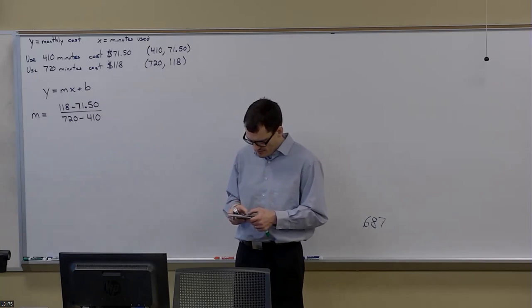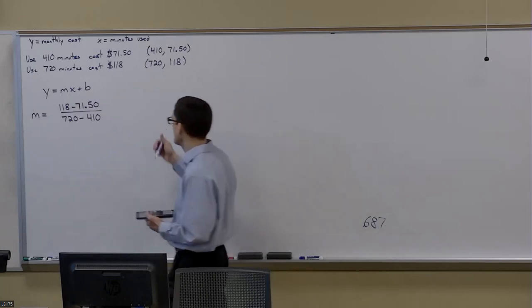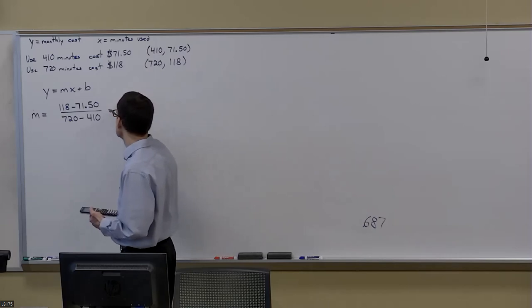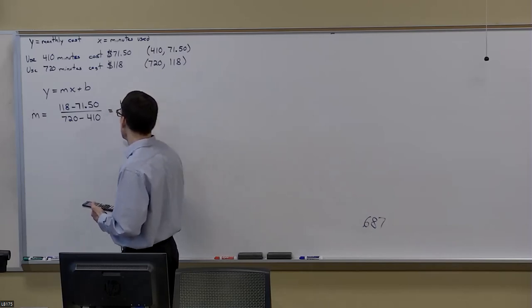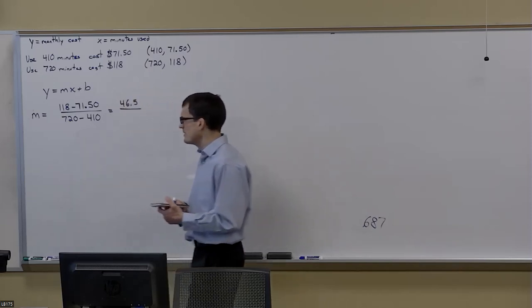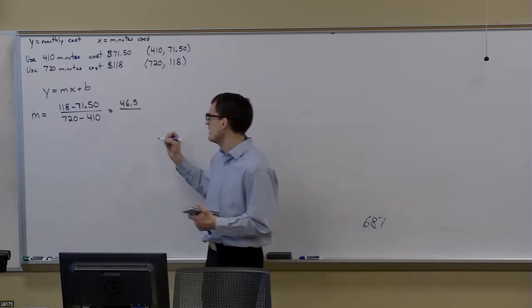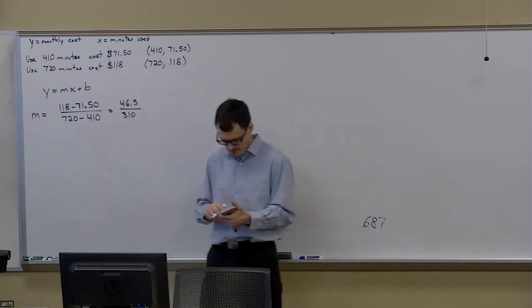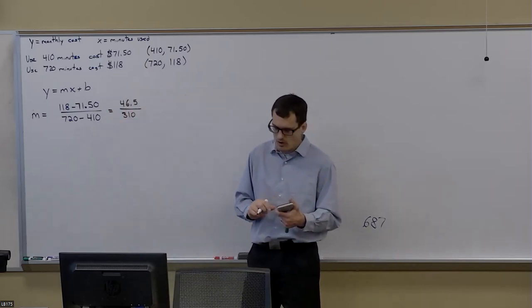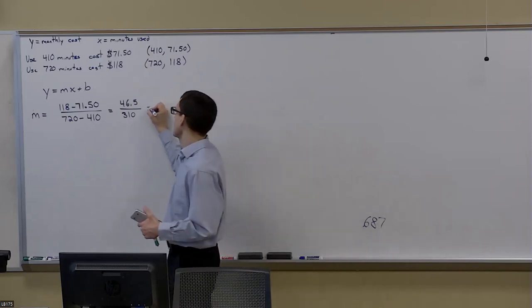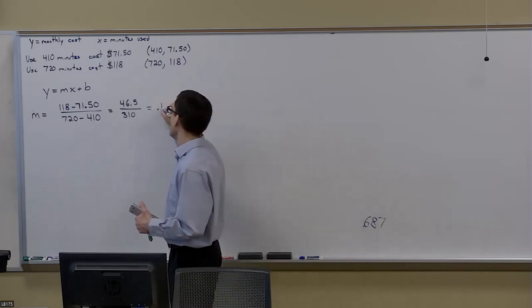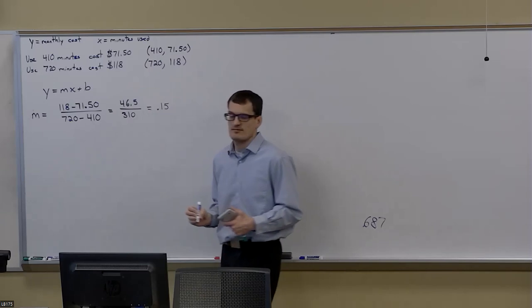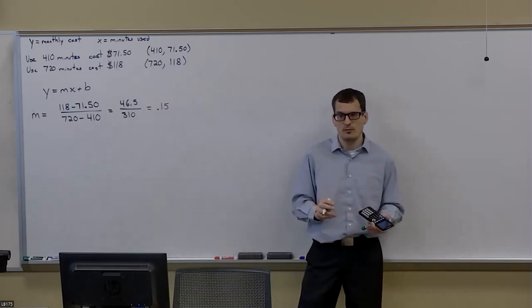$118 minus $71.50 is 46.5. $720 minus 410 is 310. When I divide that, I get a 0.15 as my slope.